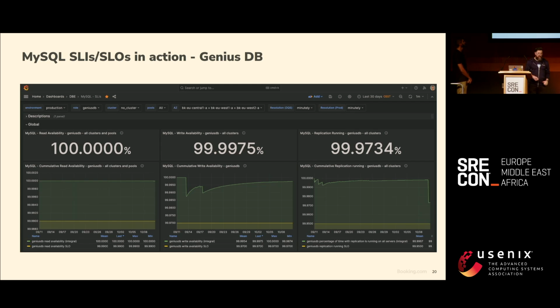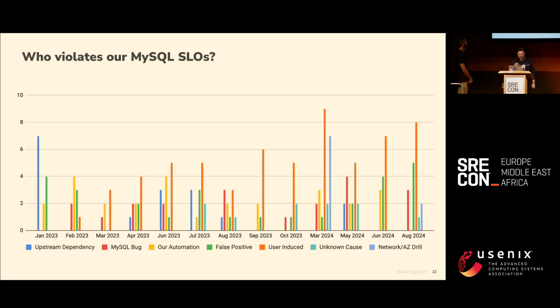We are above the target. The target is the yellow line. Something interesting to see: even if we have drops, we are not breaching our SLO. And that's totally fine. We are consuming our error budget, but we are not breaching the contract that we have with our customers. But not all cases are happy.